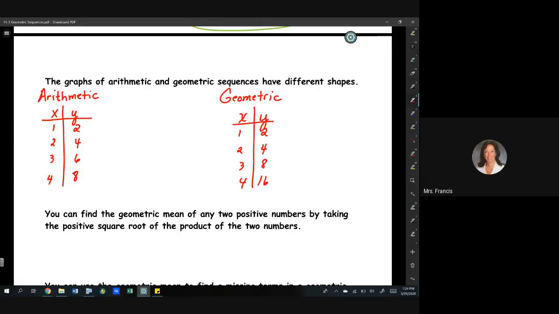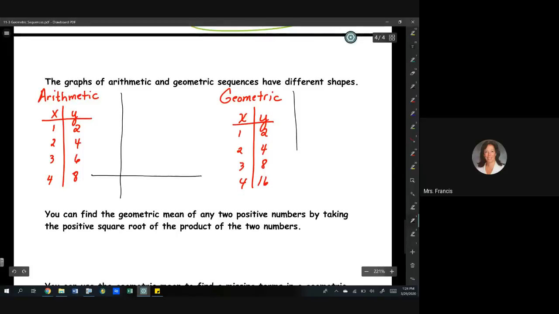And then I'm going to draw a graph for both of those. We'll keep it simple. All right. And we'll do our y-axes by 2s. Same over here.